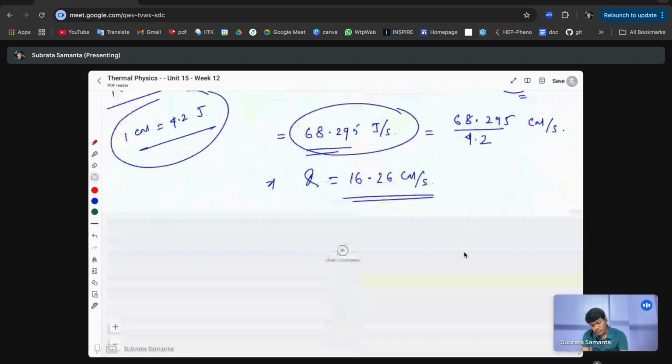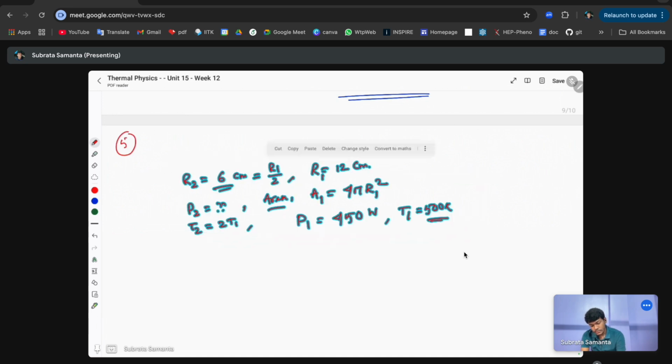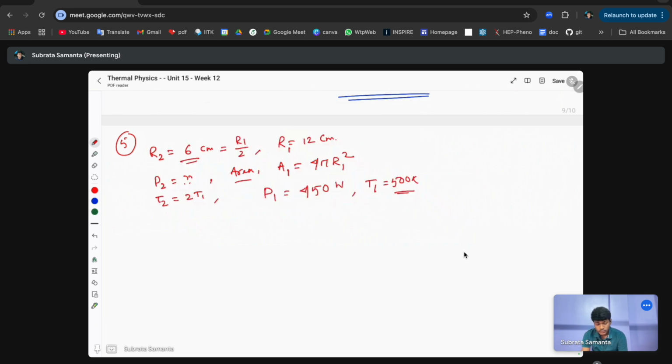So if you know this, you can quickly solve this problem. So it's 5, right? The radiant power, capital P, is basically area times sigma times T to the power 4, for a perfect black body.